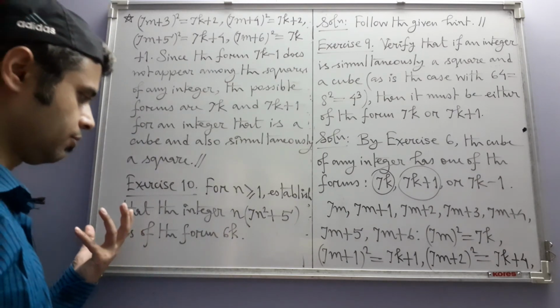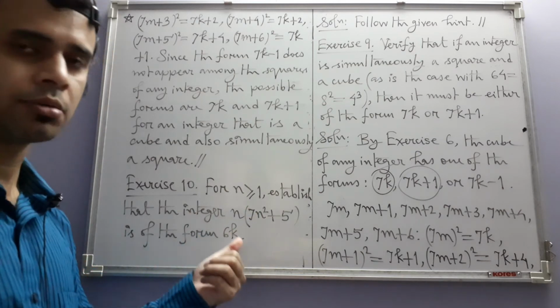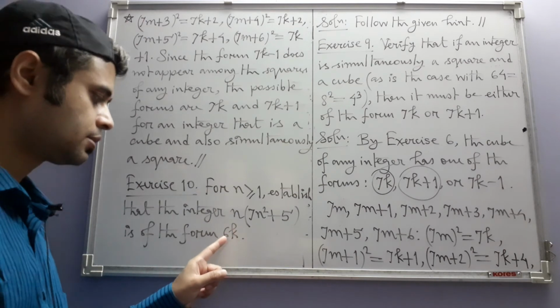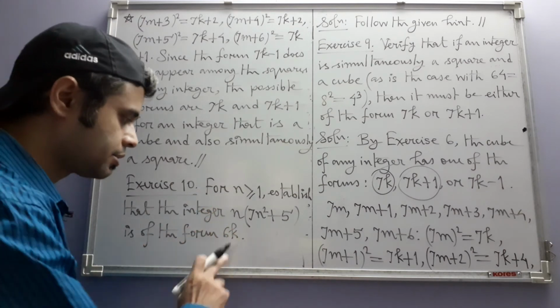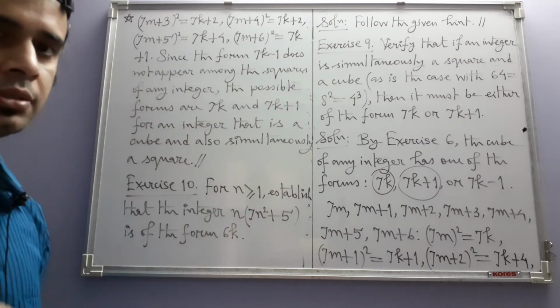So in proving these many results about the form of a given integer, you can see that this one tells us something definite. It says that any such integer is always divisible by 6.